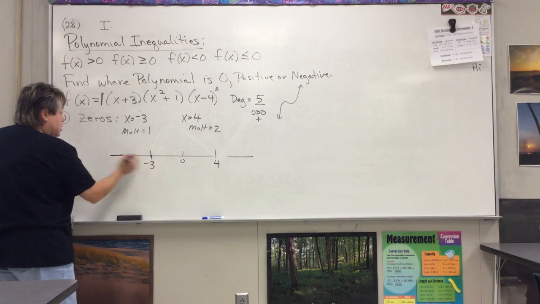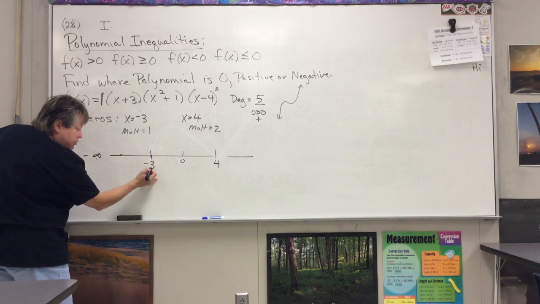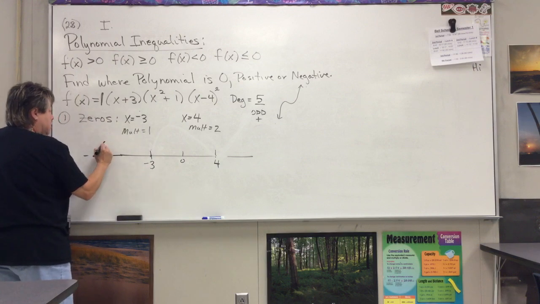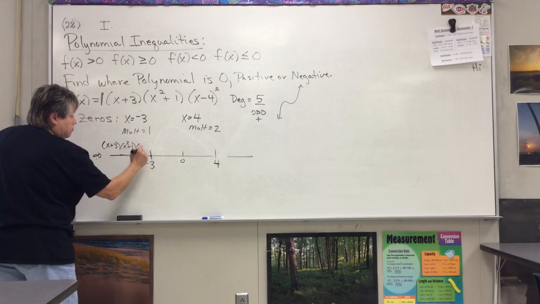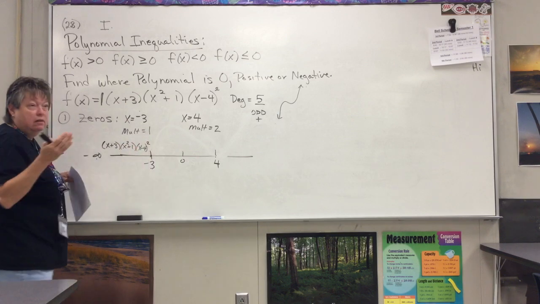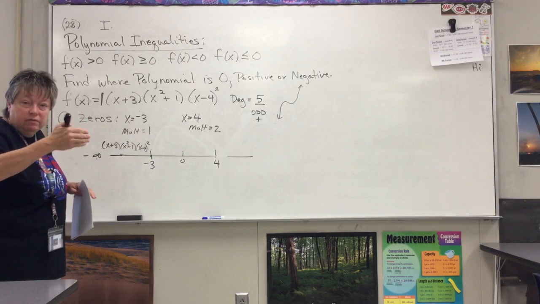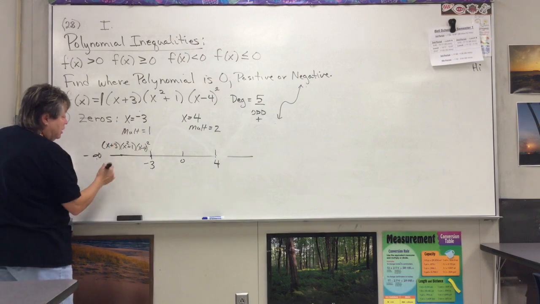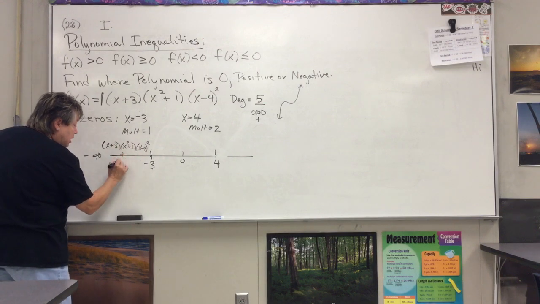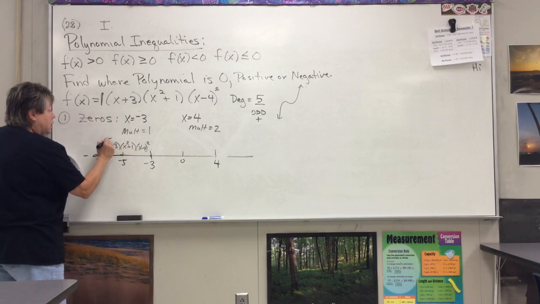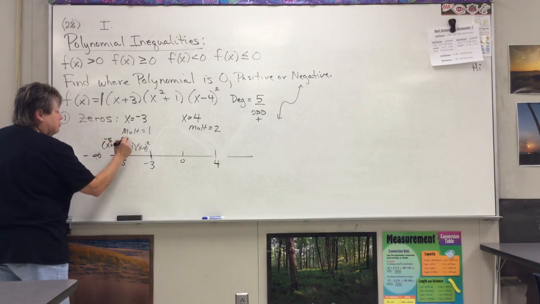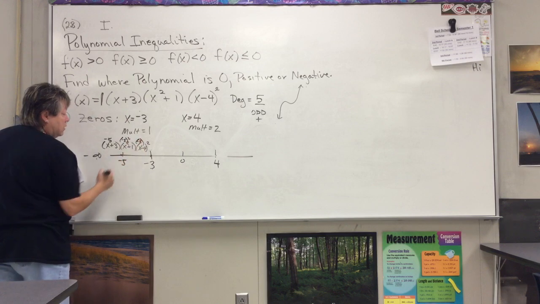From negative infinity to negative 3, I want us to take a look at our function in terms of whether the values are positive or negative. Let's pretend I pick negative 5, just picking something out here. I put negative 5 in for all the x values.